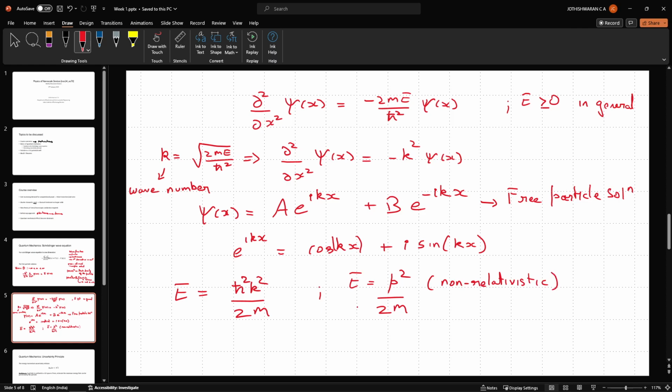From this we can say that the momentum is h bar k, since p squared is replaced by h bar squared k squared. So this is a semi-classical way of arriving at the quantum mechanical expression for the momentum.